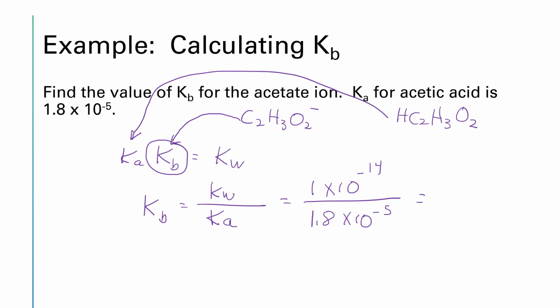I'm going to run that through my calculator. 1 EE negative 14 divided by 1.8 EE negative 5. And that's going to give us 5.6 times 10 to the negative 10. So that is equal to Kb for the acetate ion.